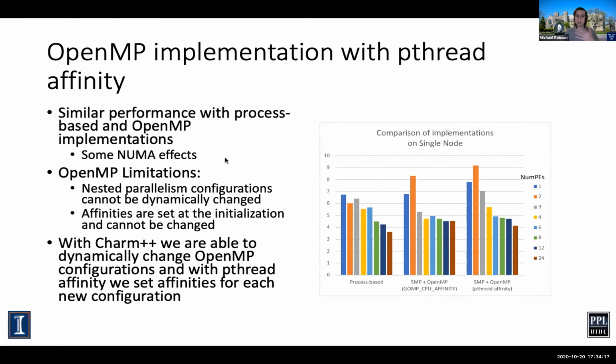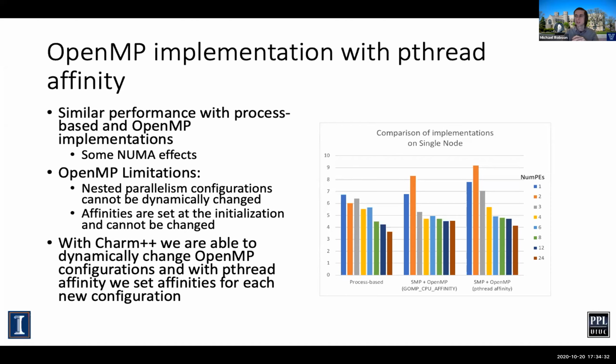The reason we want to do this, though, is that with OpenMP, nested parallelism can't change the configuration dynamically. Basically, if we want to grow or shrink the number of master threads and worker threads, that's not something we can dynamically change.